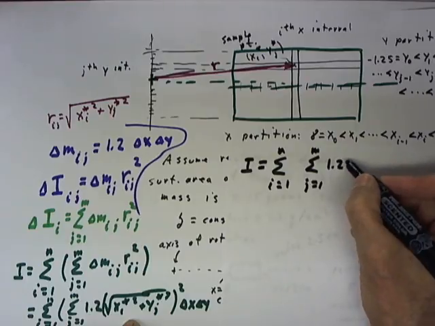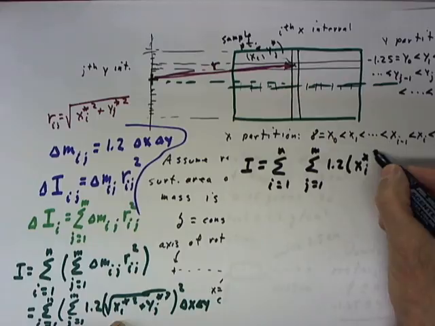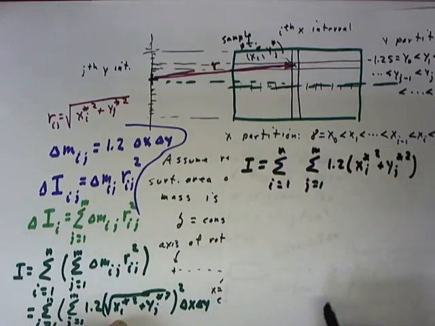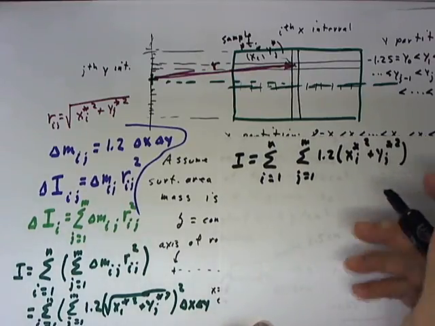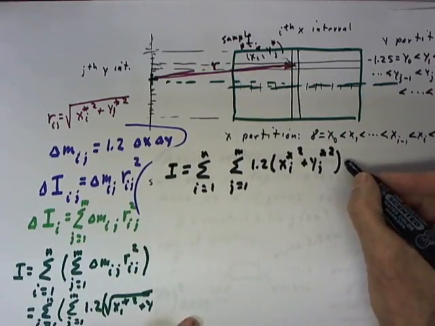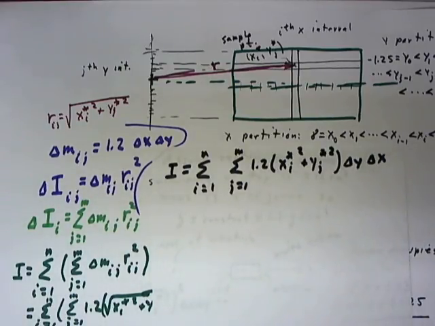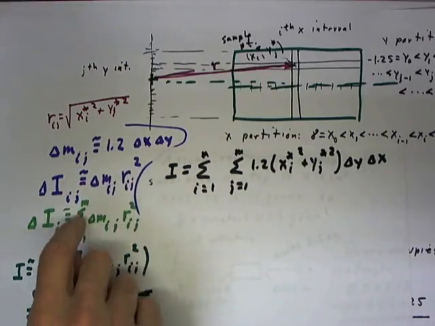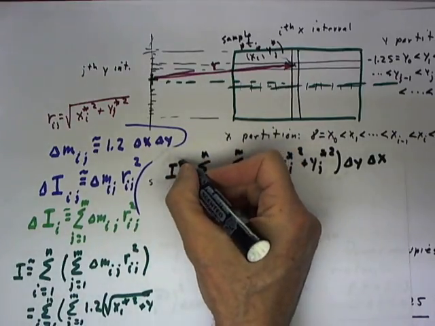So we're going to have 1.2 times xi star squared plus yj star squared, and then that's going to be times delta x delta y. Since I'm summing with respect to y first, I'm going to change that to delta y delta x. And just to be careful, I've gone off camera for a second and changed all these equalities to approximately equal, and we'll change this one similarly.